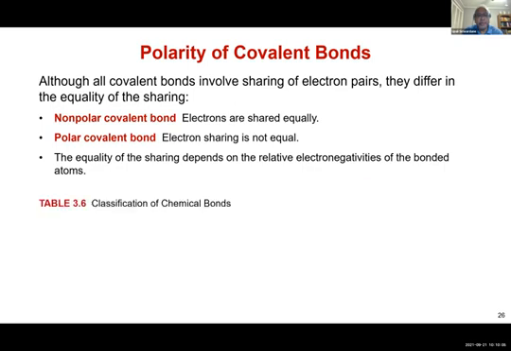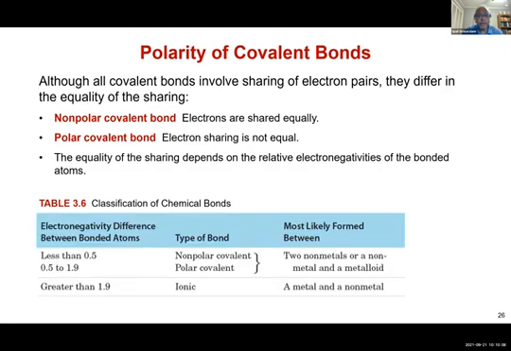So we can even predict, as I talked about in previous slides, if the electronegativity difference is greater than 1.9, the bond is ionic. There is no sharing between the two atoms. The metal element totally loses the electron, and a non-metal anion is formed, gaining total control of the electron.